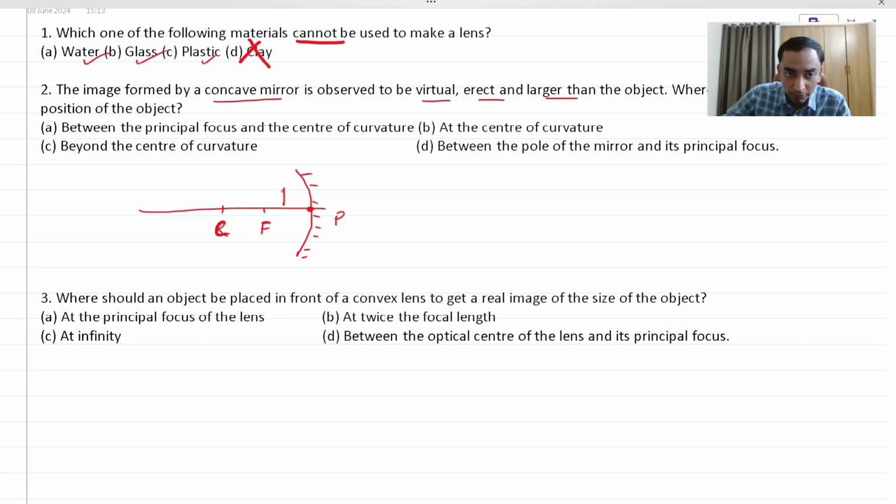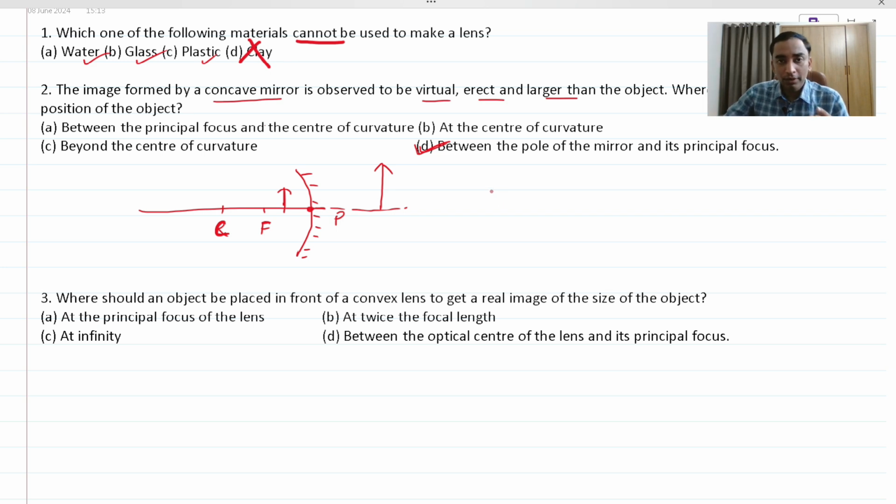If you place the object in between the pole and the focus, you get a highly enlarged image behind the mirror like this. Correct? So that is possible in option D, between the pole and the principal focus.